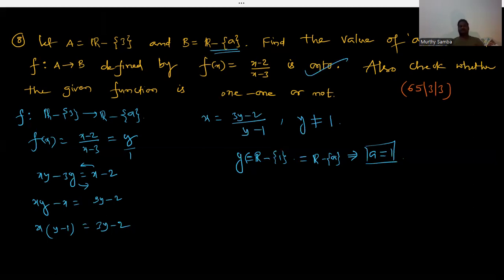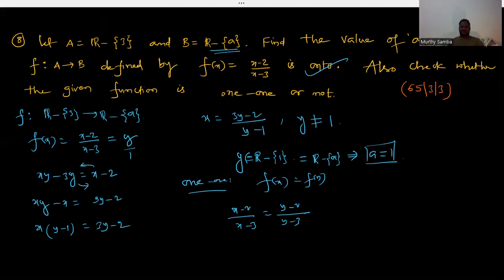Right? And also check whether the given function is one-to-one function or not. Now it is easy to check whether it is one-to-one function or not. Checking for one-to-one function, you know f of x is equal to f of y. f of x equal to f of y means what? (x minus 2) divided by (x minus 3) is equal to (y minus 2) divided by (y minus 3).